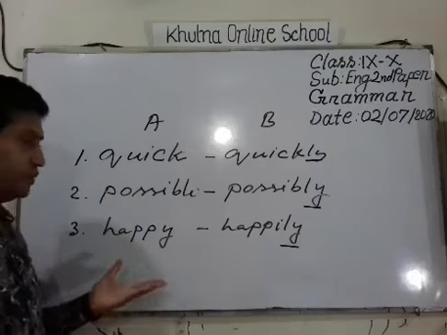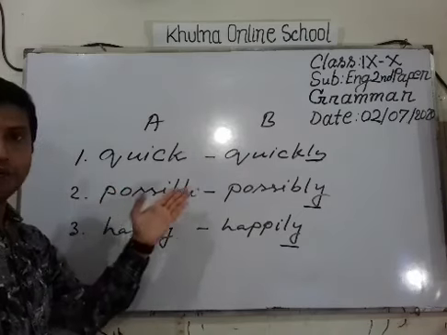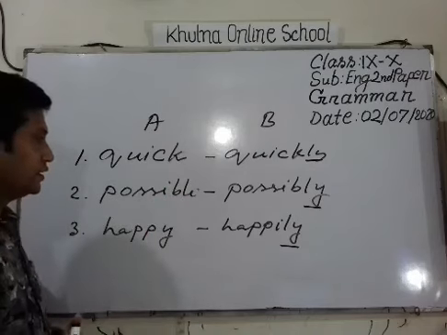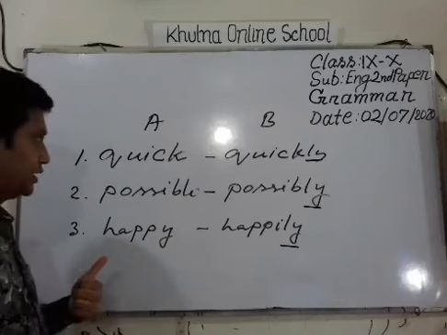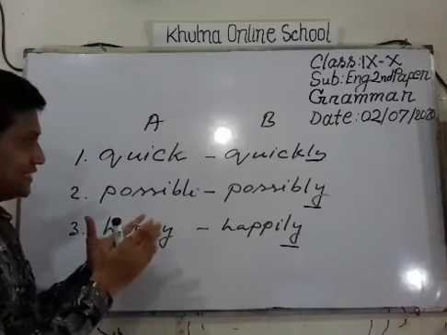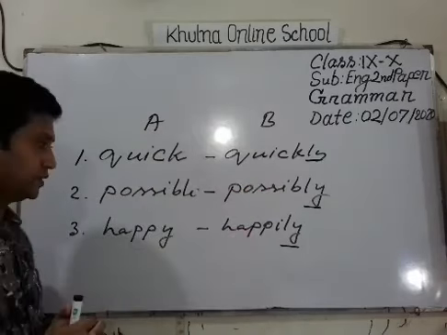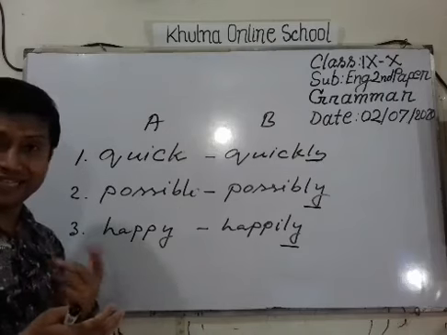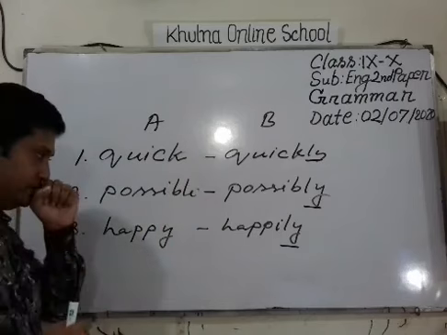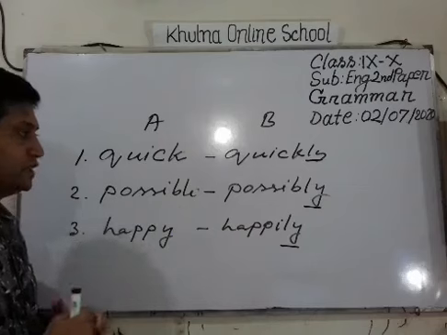Just repeat after me: quick, quickly, possible, possibly, happy, happily. So first my question, what have I added in this group? Simply ly. Now my second question, why have I added ly to this word? To make new words.